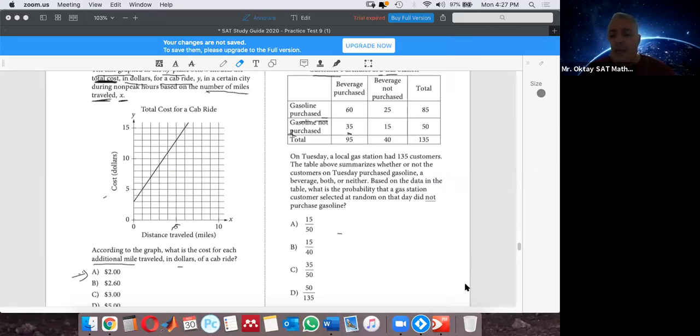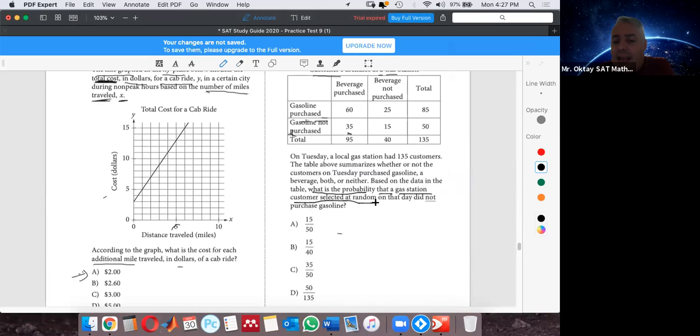When we read the question, forget about the table now, just look at what it wants. It says, find the probability that a gas station customer selected at random on a day did not purchase gasoline. So where do I have did not purchase on this table?